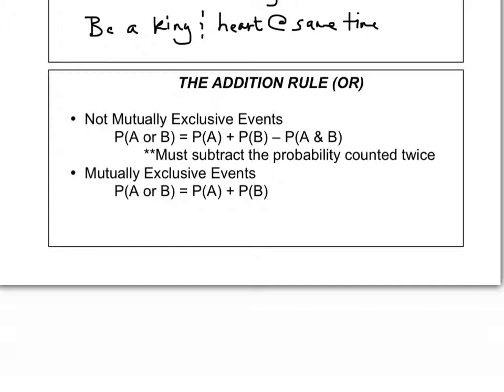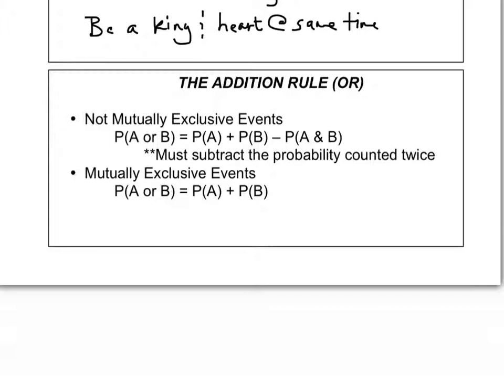If it's not mutually exclusive and we want to find the probability of A or B, we find the probability of A and add it to the probability of B. Remember, if it's not mutually exclusive, something is getting counted twice, and we have to subtract the part that's counted twice. You can only count something one time. It can't be part of two groups. So for not mutually exclusive events, you have to subtract whatever they both have in the groups.